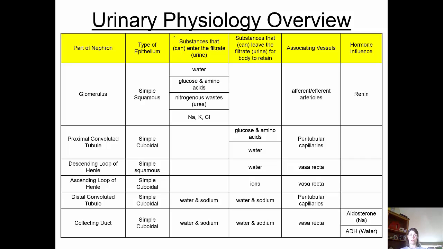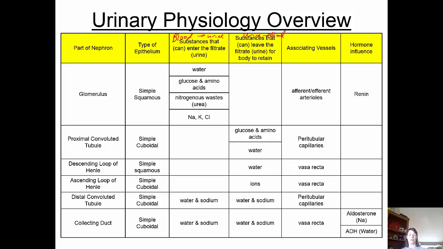So if you want to annotate that, blood to urine, and this is going urine back to blood. We see that in the glomerulus, water, glucose, amino acids, urea, uric acid, and creatinine are all coming out, and then you've got these ions. Well, what's going back? Our glucose and amino acids, we don't want to lose those, and we don't want to lose a lot of water.